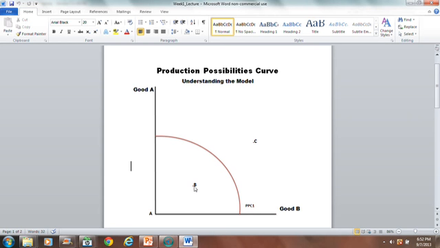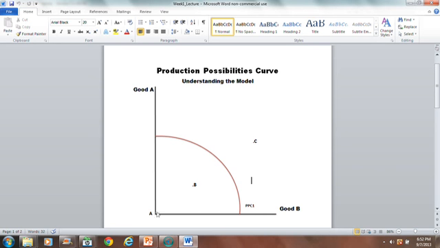Clearly, if I'm using all the resources for combination B but getting less output compared to points on the curve, then point B would be considered inefficient. In general, any combination inside this curve, if produced, is going to result in some waste. It's going to be to some degree inefficient, or the E value would be less than 1 but greater than 0.